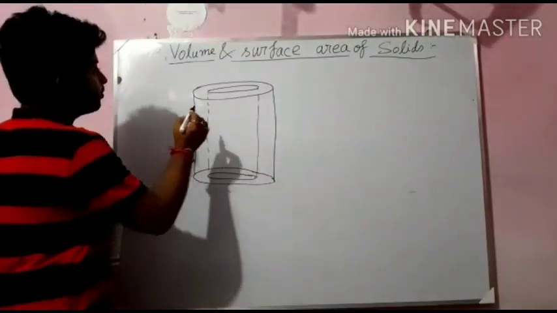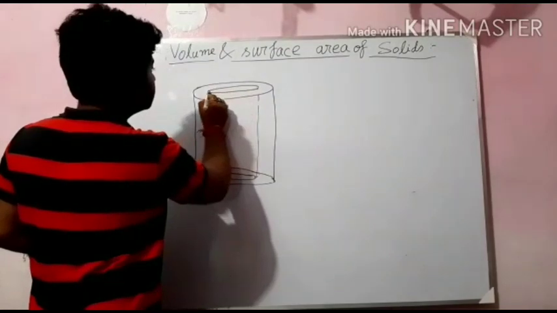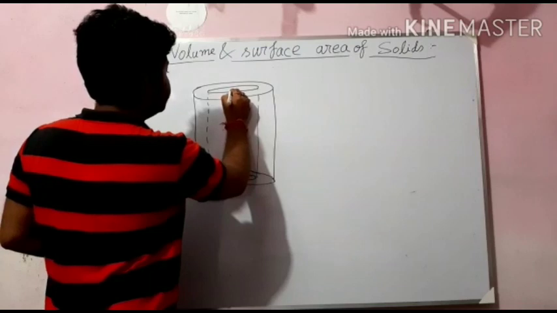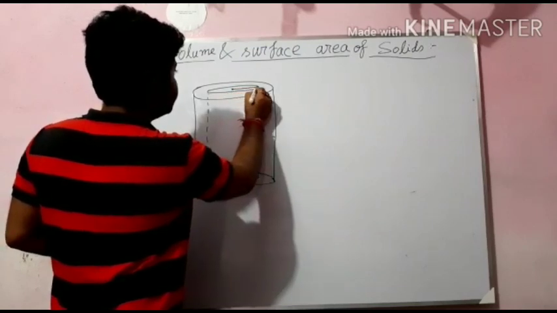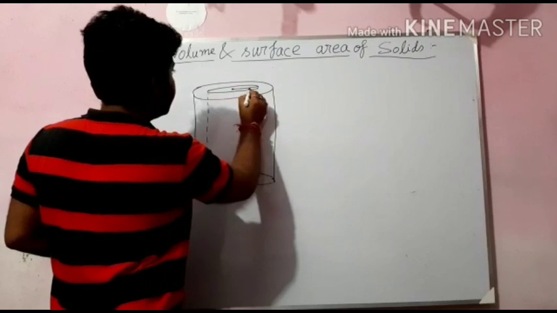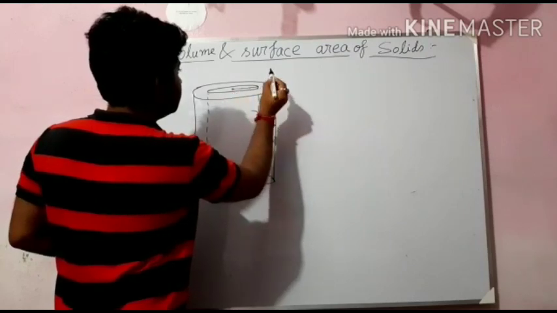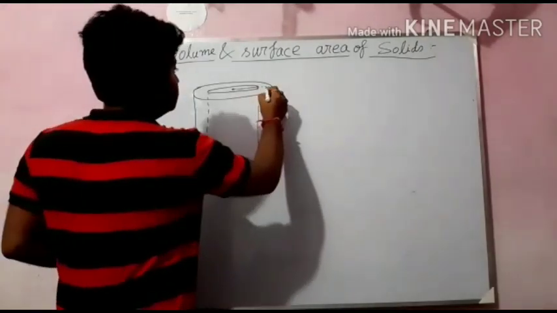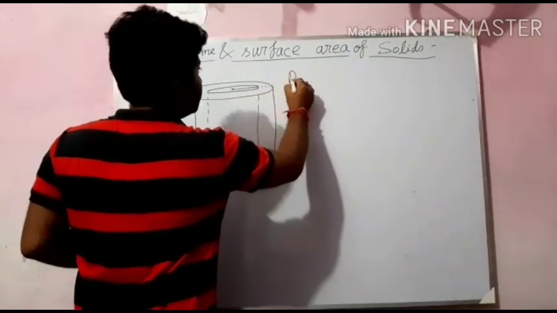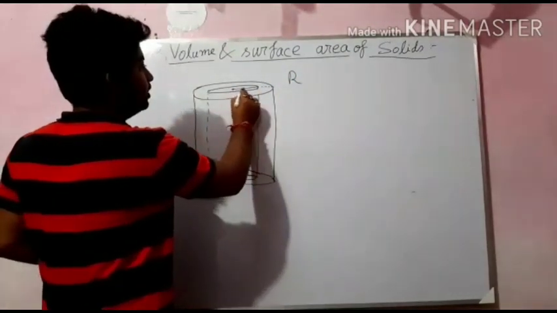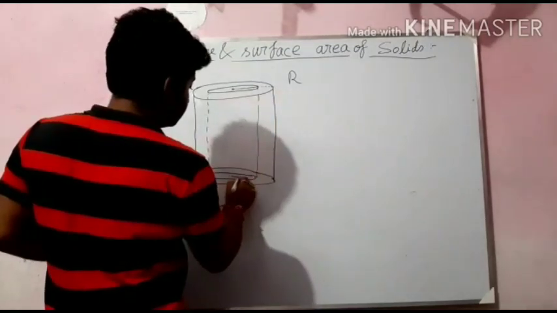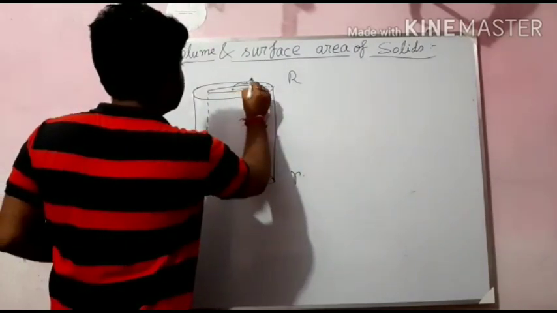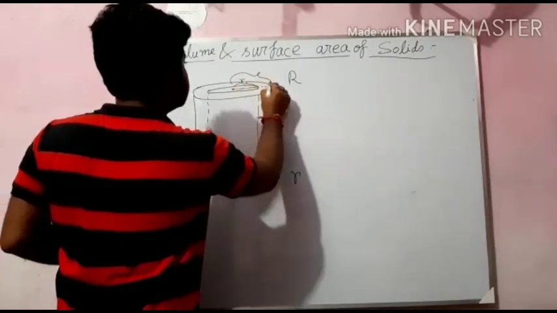Now, here, this is the smaller circle and this is the larger circle. So, if it is the center, then this is the radius of the smaller circle and the total one is the radius of the larger circle, right? Suppose the radius of the larger circle is capital R, and the radius of the smaller circle is small r. Okay, this much is small r, and the total one is capital R.